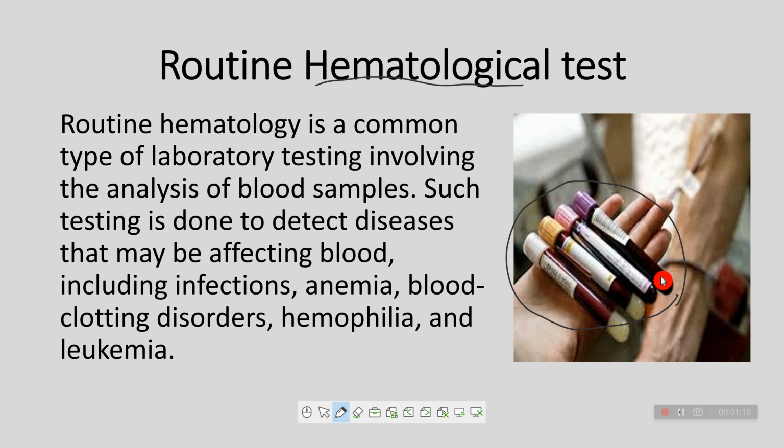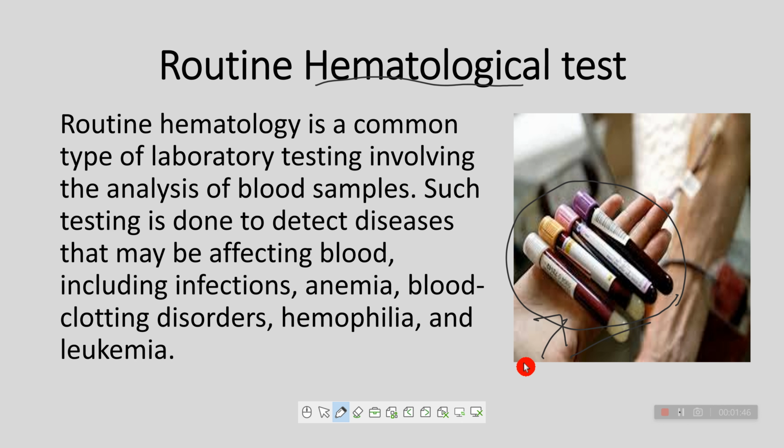So, the hematological tests are the tests which are performed for the analysis of blood samples, to detect disease in the blood. The hematological tests are performed for analyzing infection, anemia or blood clotting disorders.